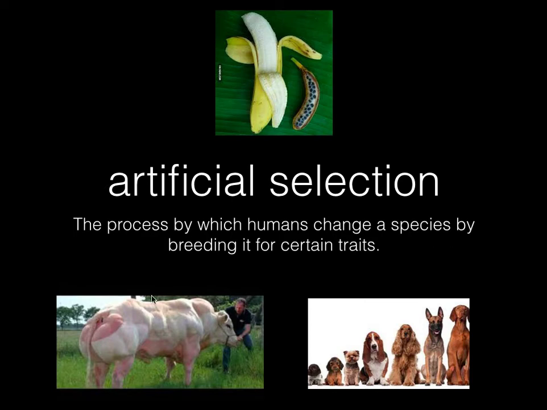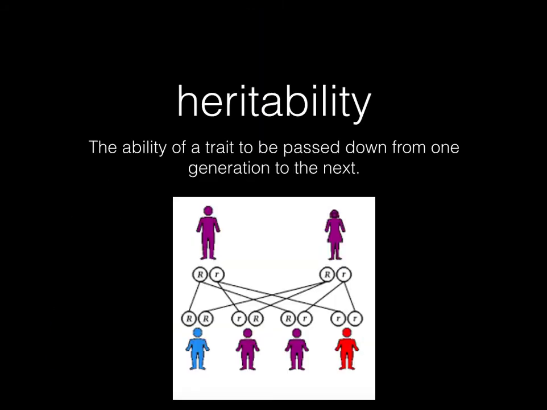This is a kind of an ostentatious example of artificial selection, but we artificially select for cattle that produce maybe more meat and less fat in order to get a better product. And then our pets, we have artificially selected for certain pet species in order to fit our needs as pet owners.